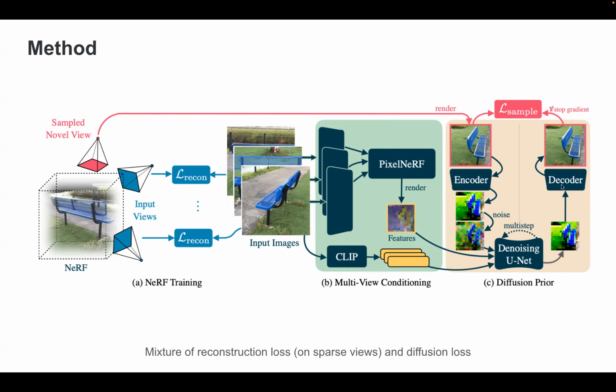So it's maybe misleading to say it's only diffusion for the missing views. It's a combination of a pre-trained diffusion prior, a pre-trained denoising UNet, plus a few input views which are encoded by PixelNerf and the CLIP embedding. It's a mixture, and this is just a regular NeRF training basically.